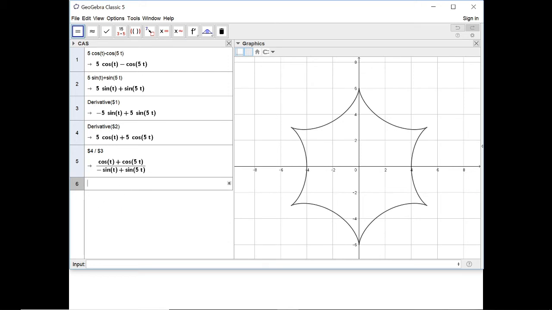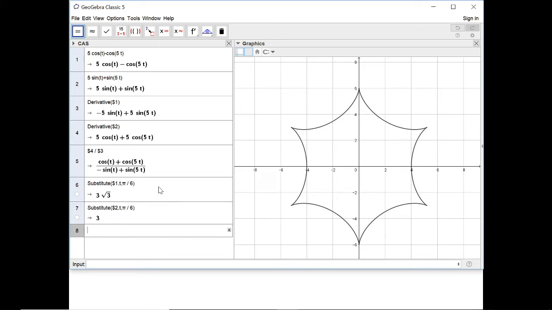Let's check first of all that the curve is actually defined at those points. So I want to find the values of x and y when t is pi by 6. I'm going to substitute t equals pi by 6 into my expression for x, which is expression 1, and I get 3 root 3. And substituting into expression 2 when t is pi by 6, I get 3. So that's telling me that the curve is defined at the point 3 root 3, 3.